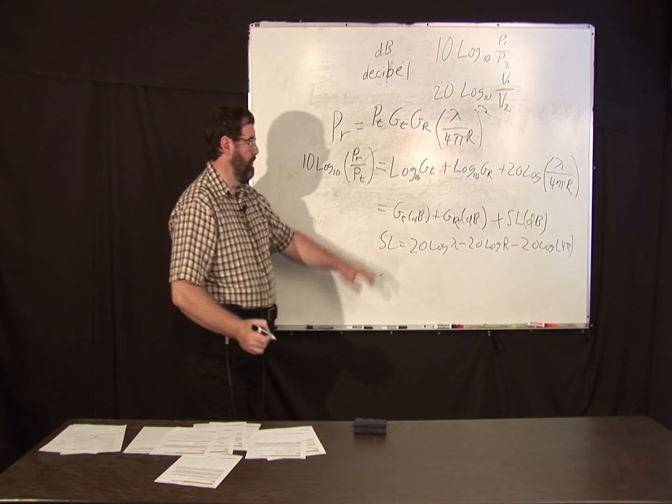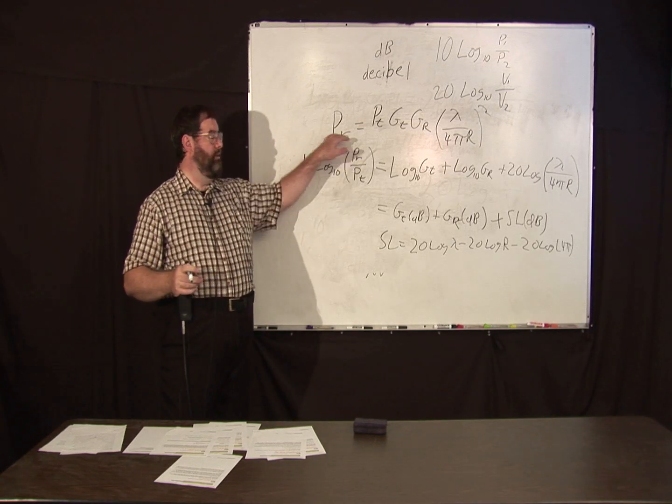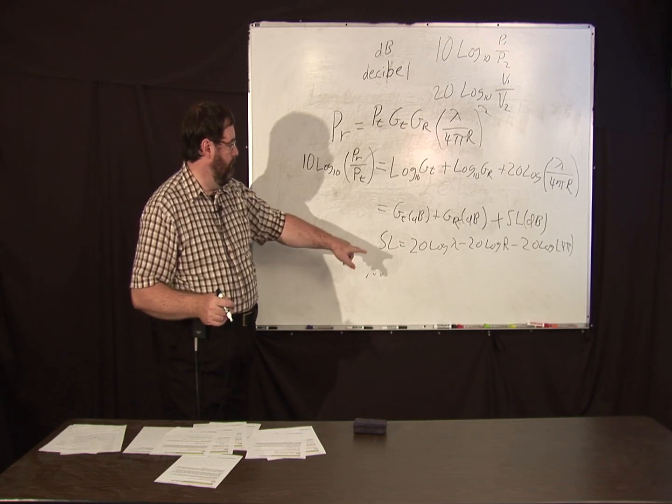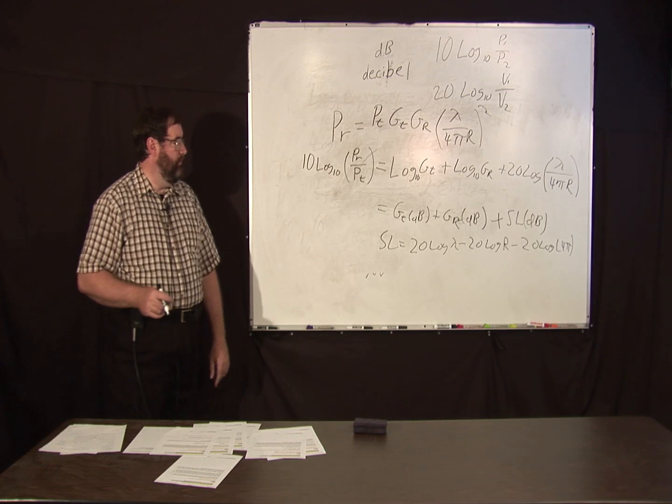Those are all base 10. So that's how you would deal with something like that. You use your rules for logs, and you can create all these equations to do things by just addition and subtraction.